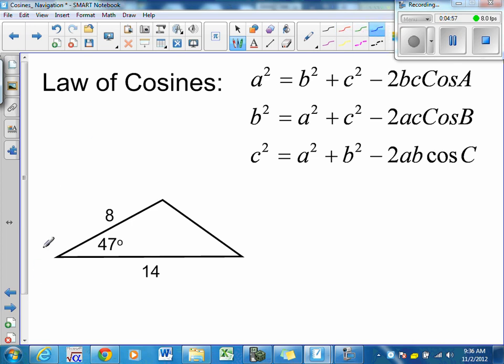So I'm going to label my triangle now as C, A, B, trying to find side c.